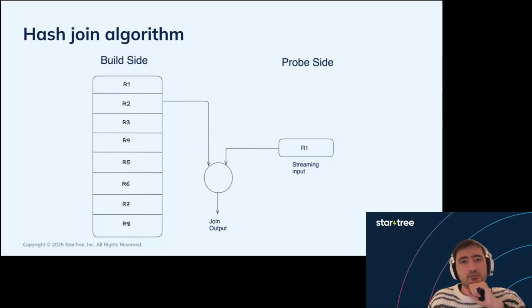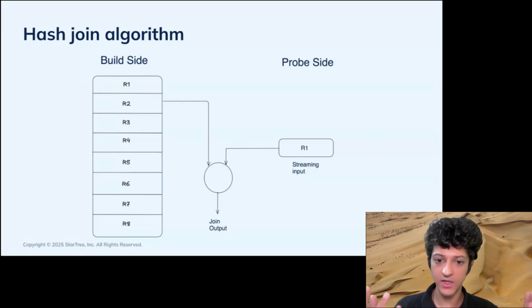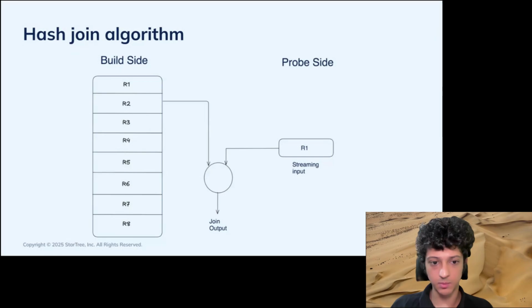All right. So the probe side is implemented as streaming input in Pinot, where you have rows coming in one by one. For each row, you do a lookup on the build side. You see if there are matches, create the join output, and keep doing that. And depending on the kind of SQL join it is, we might also need to keep track of unmatched rows. So for instance, outer joins, left joins, right joins, full joins, stuff like that.